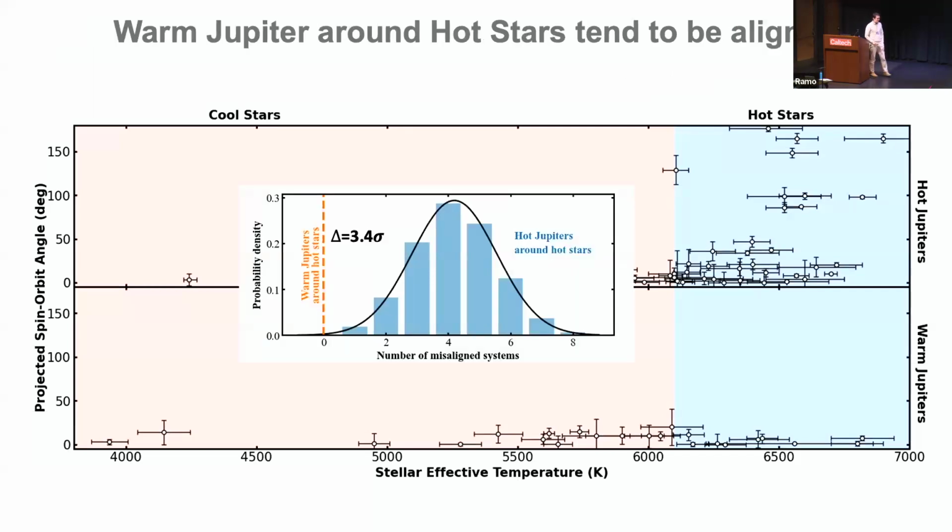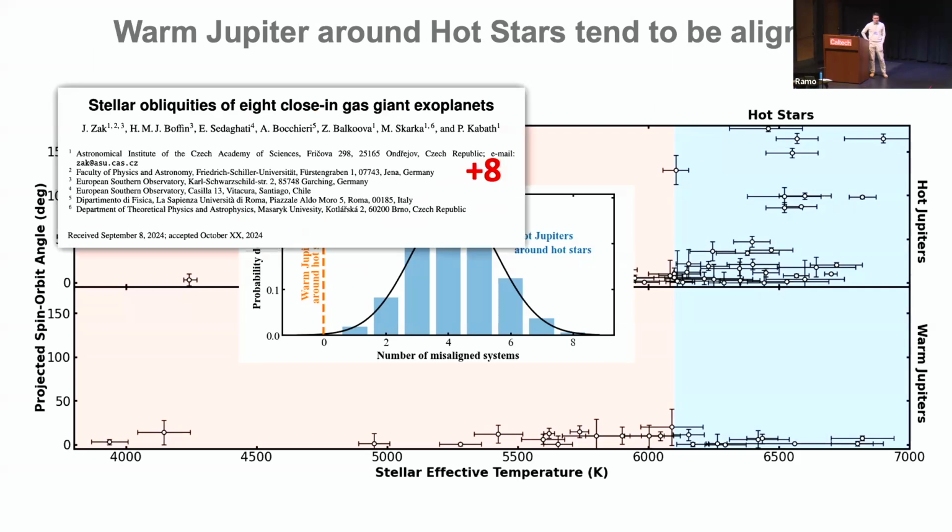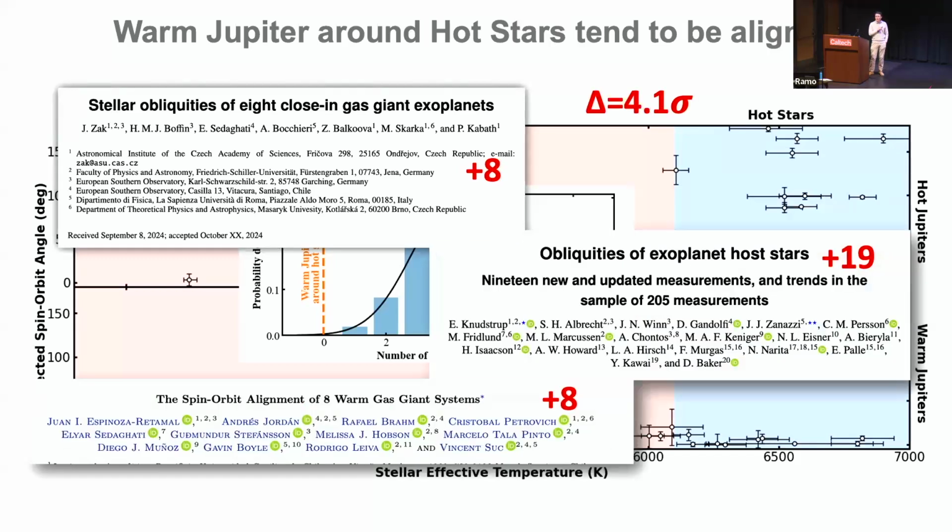We also did a significance level calculation here. It results in 3.4 sigma. You may be wondering how many additional warm Jupiters we need to achieve 5 sigma. After we published this paper, about half a year ago, tons of new measurements for hot Jupiters and warm Jupiters came out and pushed this value to 4.1 sigma.